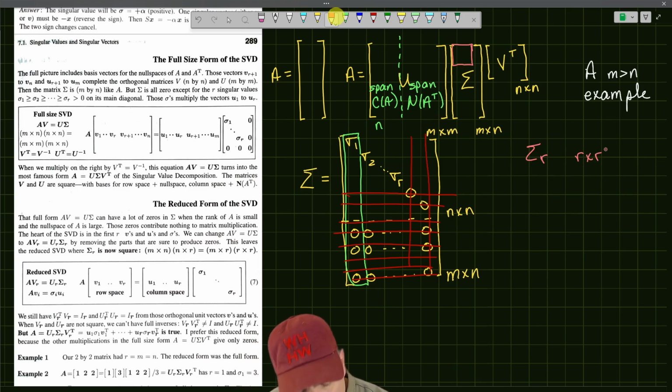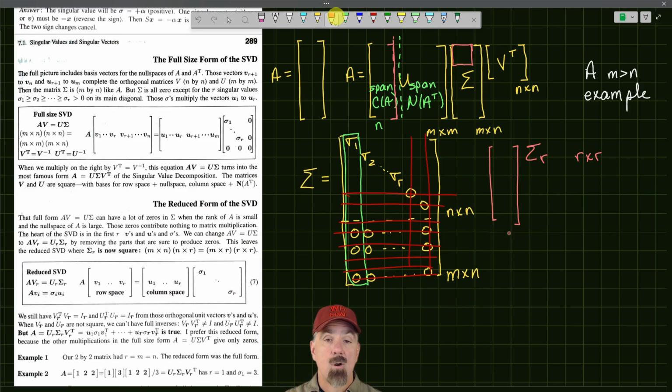It is rank by rank. In order to make that work, it's going to have to multiply only by the first r vectors in U. So we have our sigma r, which is multiplied times something that is the same rank as A. This is UR. Those columns span the column space of A.